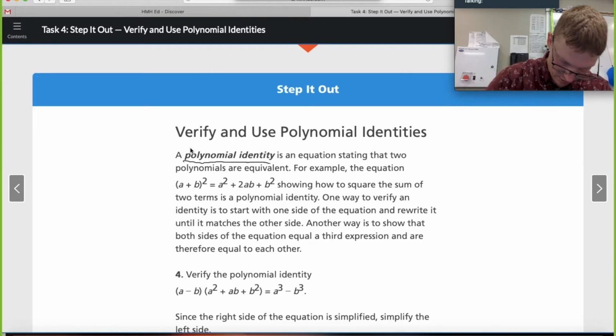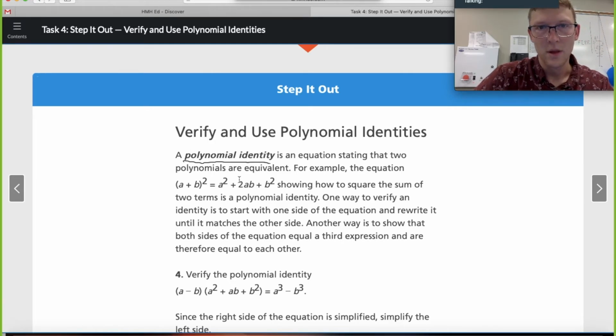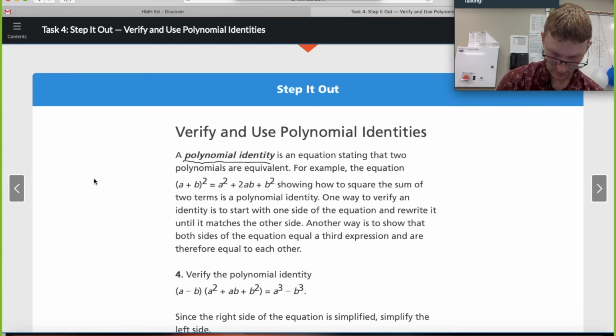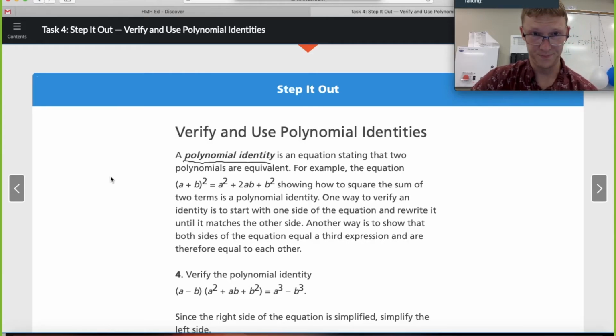A polynomial identity is an equation stating that two polynomials are equivalent. For example, the equation a plus b quantity squared equals a squared plus 2ab plus b squared. So this is a polynomial identity.